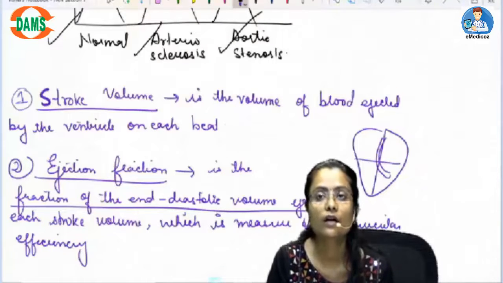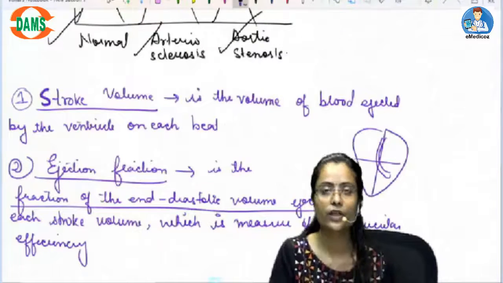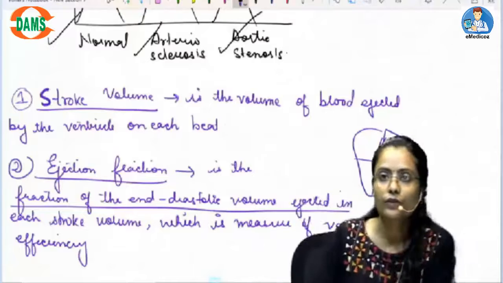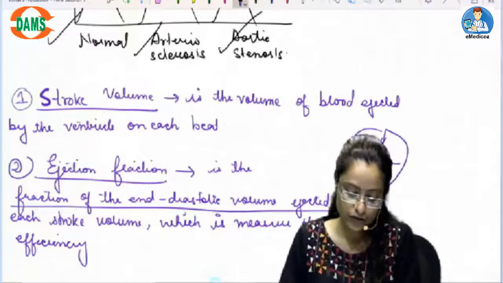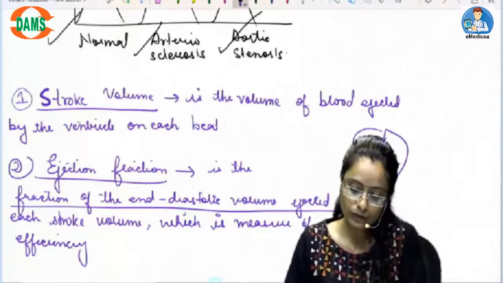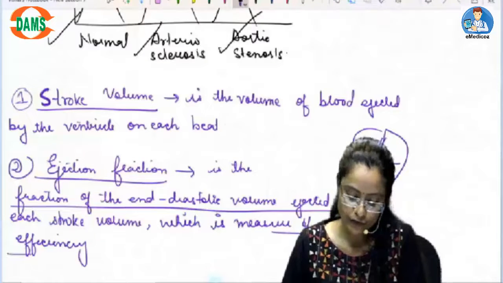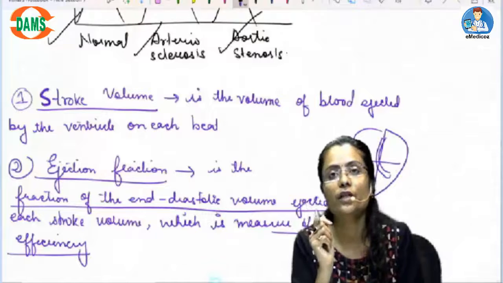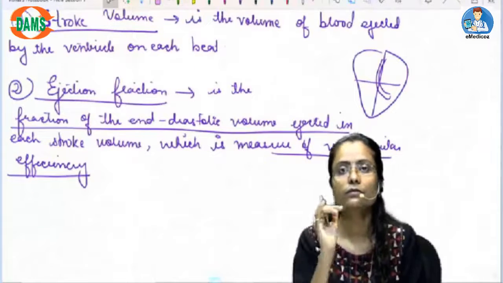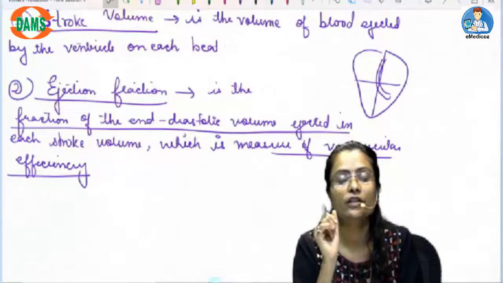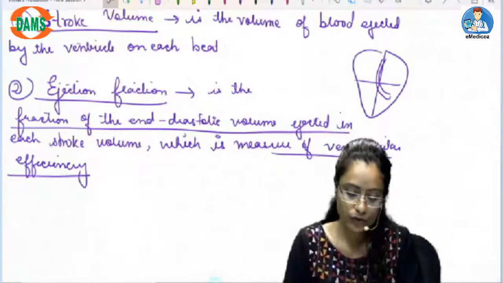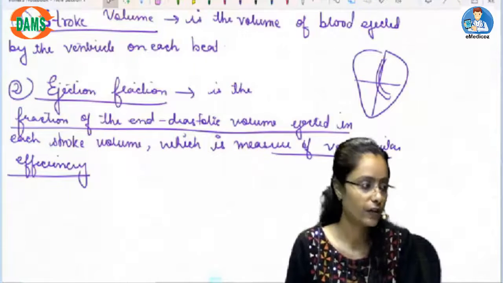It means the volume which is ejected at each stroke volume, and it is known as the ventricular efficiency. That is how efficiently it ejects the blood. So this is known as the ejection fraction.